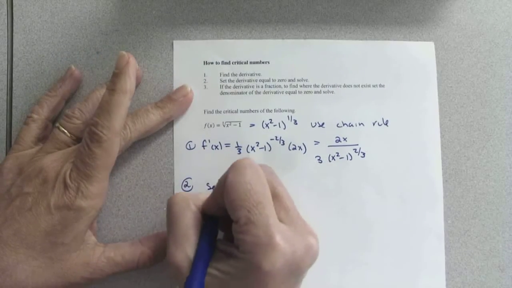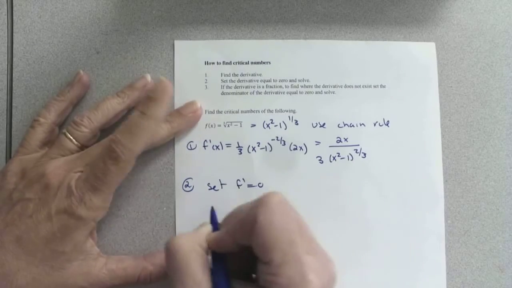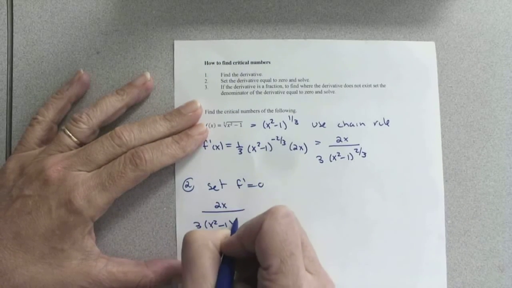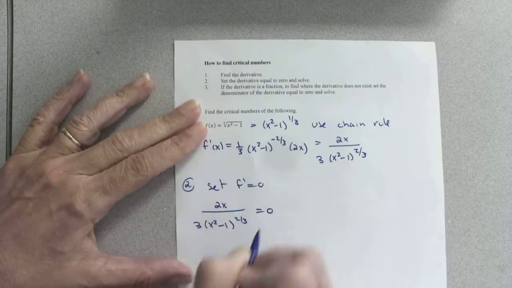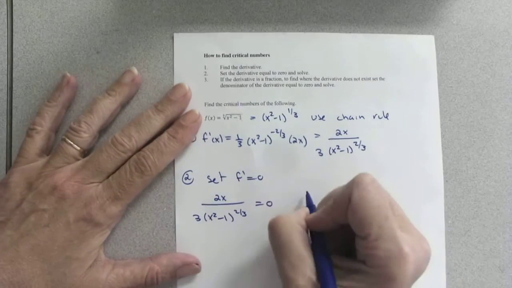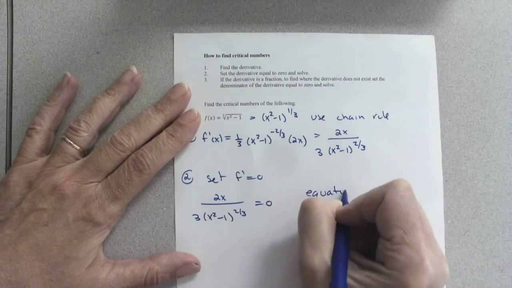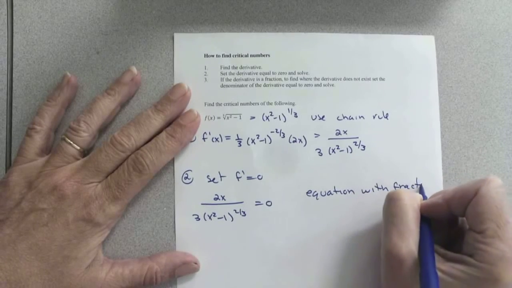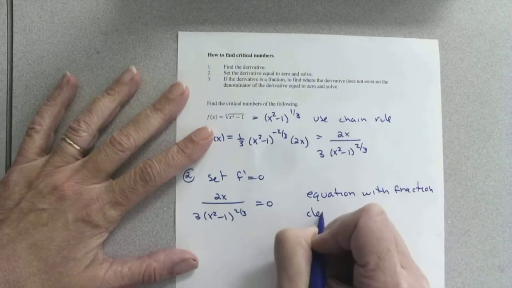2, I set f prime equal to 0. So I get 2x over 3 times x squared minus 1 to the 2/3 equals 0. And here's what we're really practicing. Remember how to solve some basic equations. An equation with a fraction. Your easiest thing to do is clear the fraction.